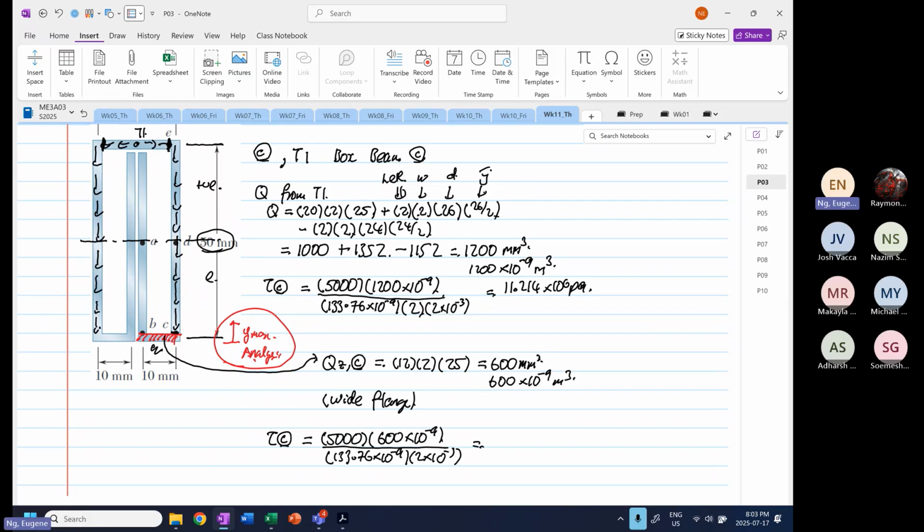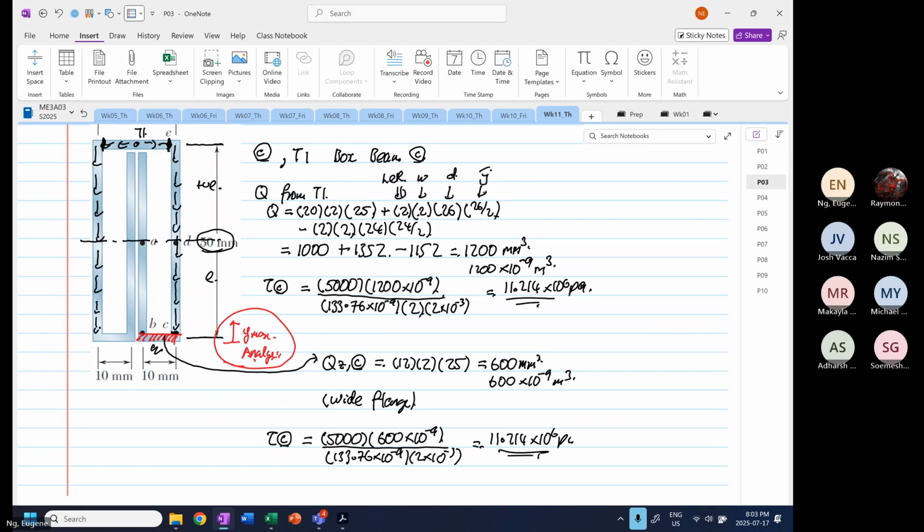So this will be equal to 11.214 times 10 to the power 6 Pascal.